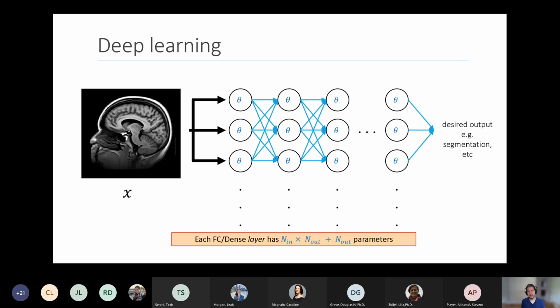And so by the end, every layer, and here when I say a layer, I mean one of these groups, has this many parameters. It's basically the number of nodes coming in, the number of nodes being evaluated, and then the bias terms.